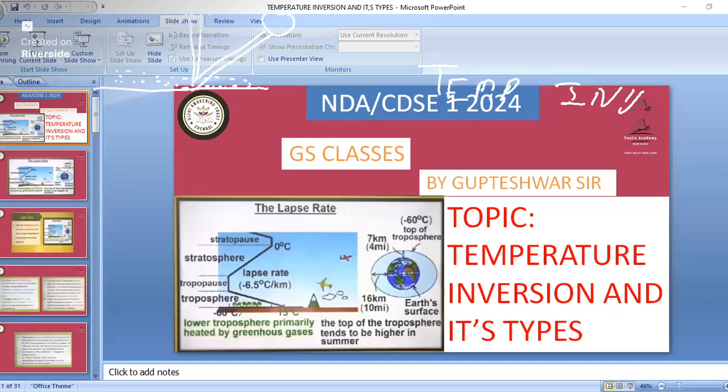As it's radiating back, heat is going upwards. Okay, terrestrial radiation. And in the lower parts we have solid particles. And as we go up, in the atmosphere there is a decrease in these particles.